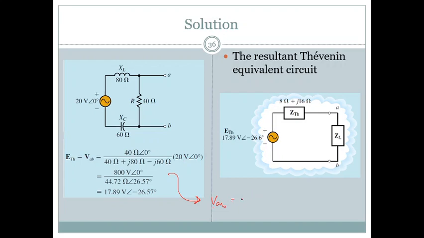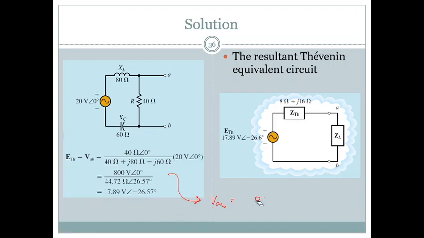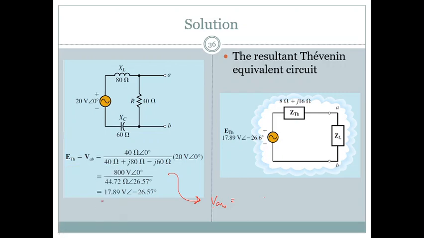40 into 20 is 800, right? Or let's keep it as it is. So it'll be 40 into 20 divided by, you get here 40 plus j20.